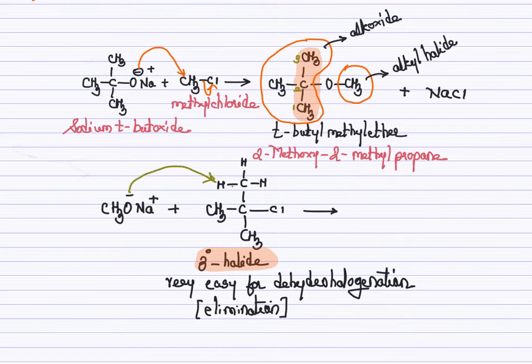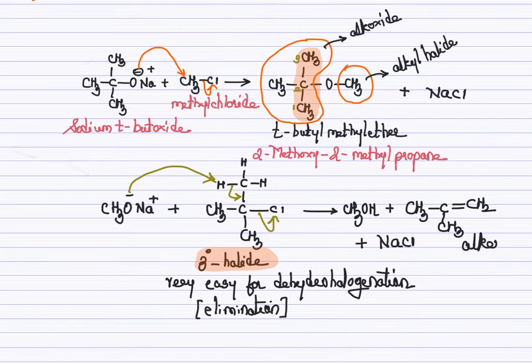So this goes here, this goes here, and you end up in a product which is like, first of all, here you get CH3OH plus CH3C double bond CH2 and CH3 plus NaCl. An alkene gets formed.